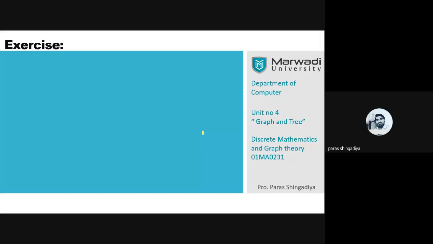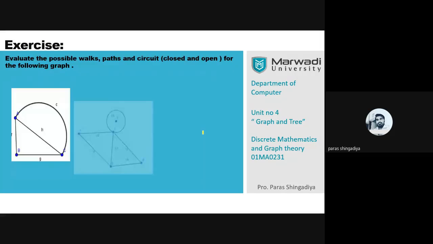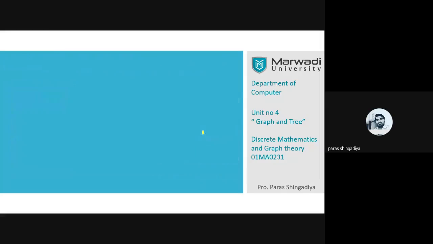Okay, so this exercise will be done after the completion of Euler graph. We'll first complete the Euler graph and then complete the exercise. So any doubt in the definition of walk, path and circuit to anyone? Is it clear to all?